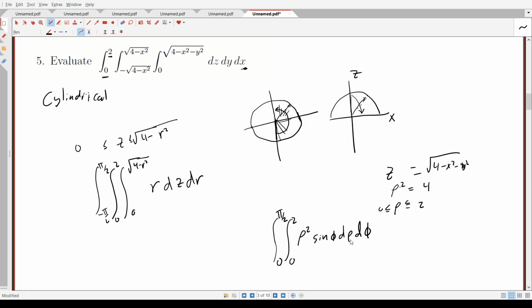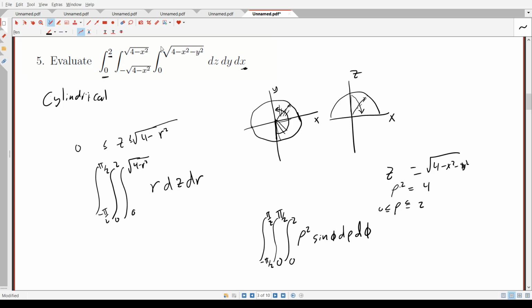And then theta is going to be the same because in the xy plane, we have exactly the same region. So this is minus pi over 2 to pi over 2. So that's how I set it up.